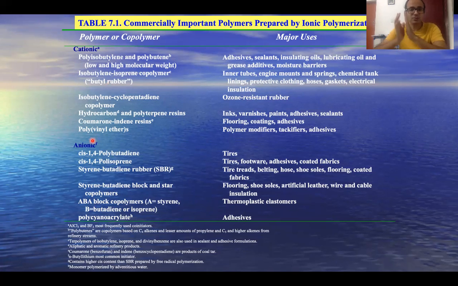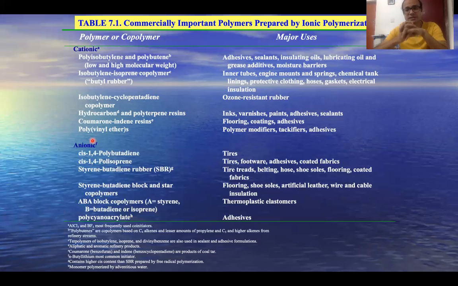So I hope this introduction gives you briefly an idea about what ionic polymerization is, the importance of counterions and how they affect the mechanism, and the versatility of ionic polymerization in that it can go not only for vinyl polymerization, but also for other types of polymers like polyethers, polyamides, polyesters.